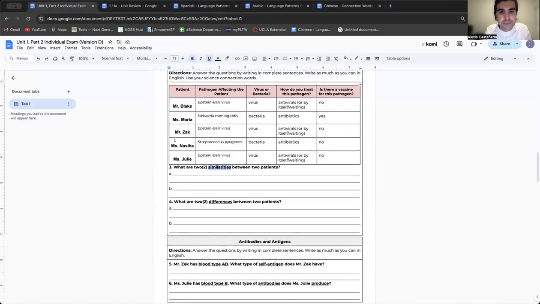So let's see. Mr. Blake and Mr. Zach, and Miss Julie, they all have the Epstein-Barr virus. So I can pick any of these. I'll start with Mr. Blake and Mr. Zach. I'll say Mr. Blake has the Epstein-Barr virus pathogen.